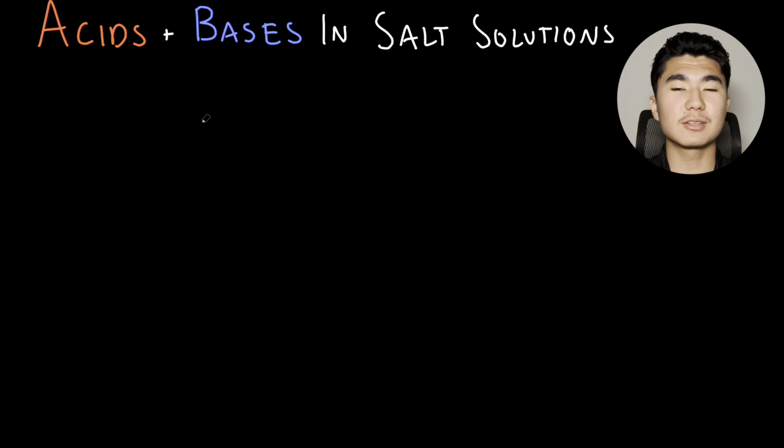So if we have our Ka right there, then all we have to do is 1.0 times 10 to the negative 14, which is the auto ionization of water, over 4 times 10 to the negative 8. And what we get is 2.5 times 10 to the negative 7.